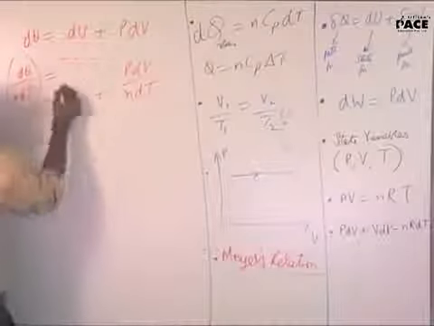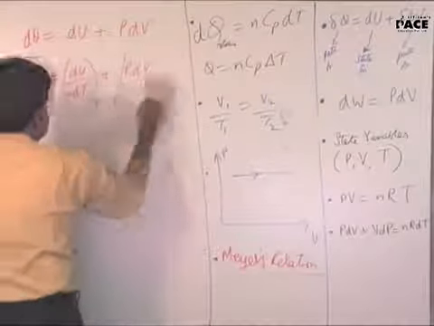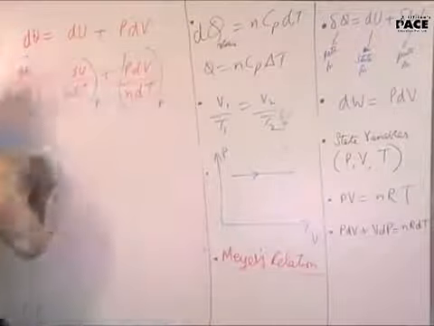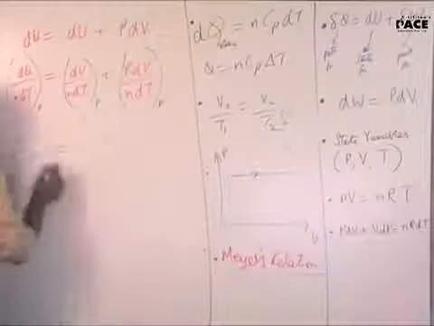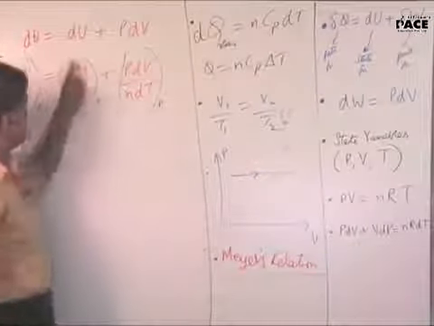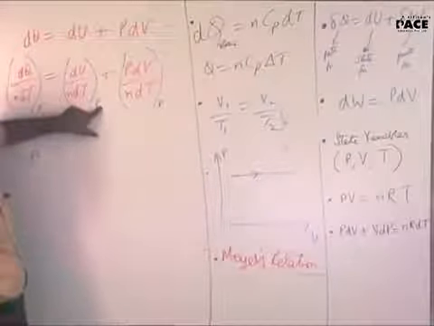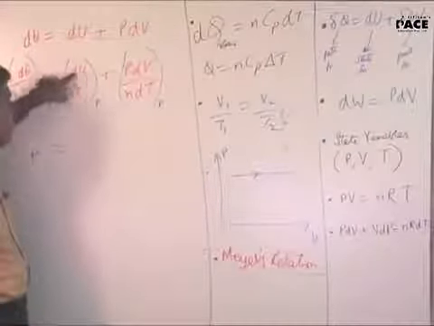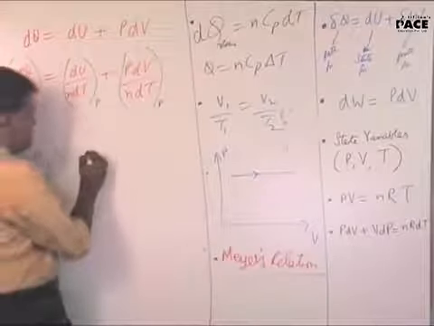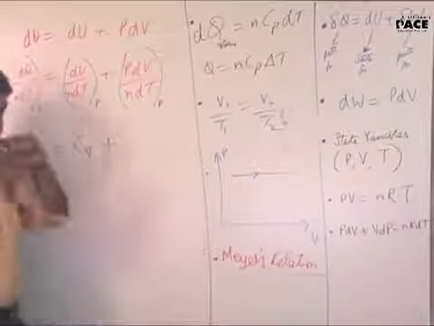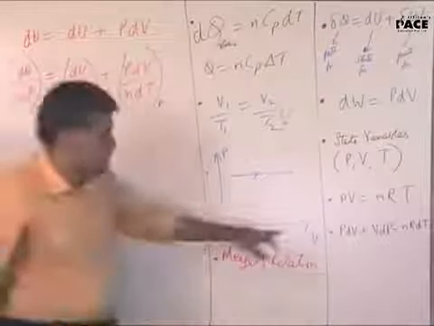How do I represent that? By putting a subscript P. Now this, by definition, is Cp. Whether you say it or not, it doesn't make sense to put a subscript for dU, because dU is a point function. Anyway, this will be Cv. And now we have to get this. Look here.